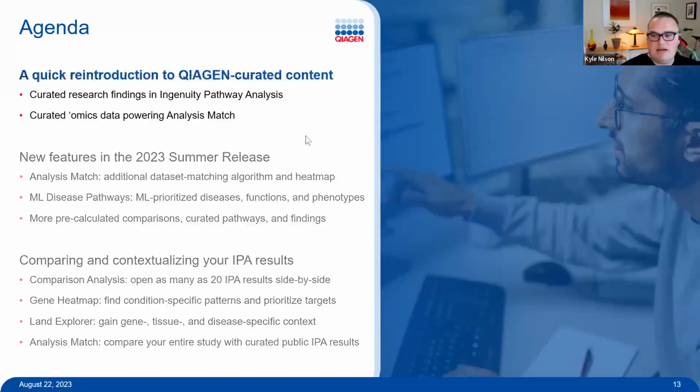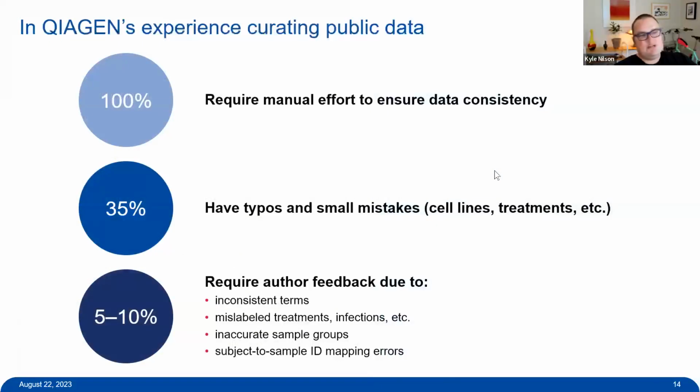So with that, first, what is curated content and why do we manually curate public data? In our experience, if you've ever uploaded a data set to GEO, you've probably made a mistake somewhere. I know when I was a grad student, I did K562 ChIP-seq experiments.